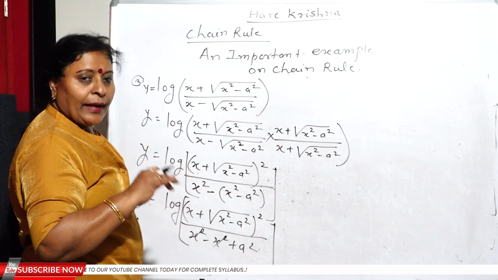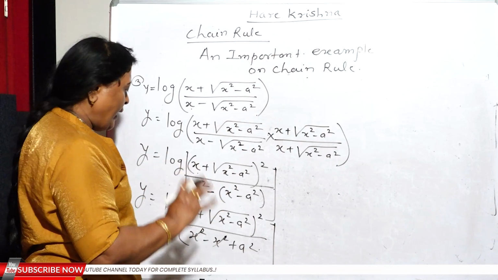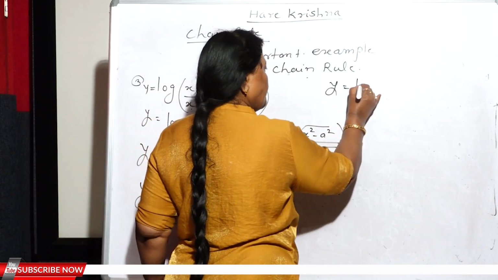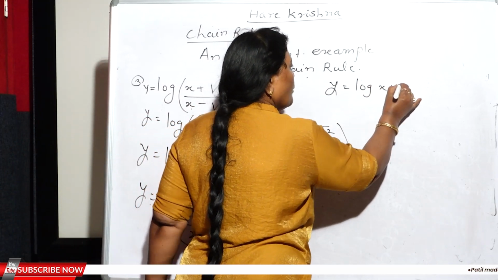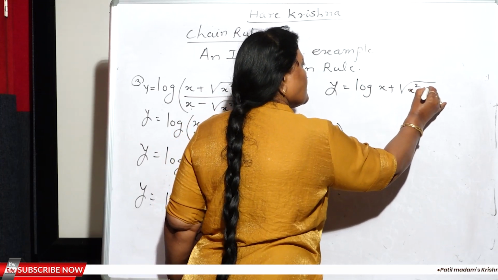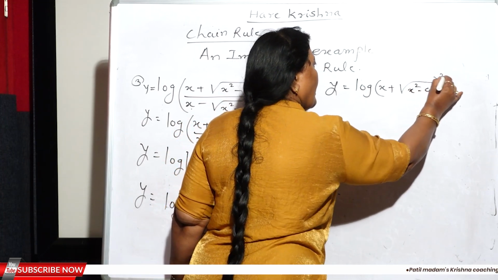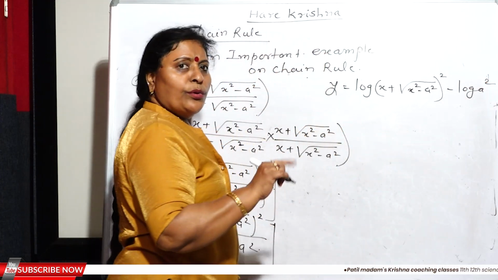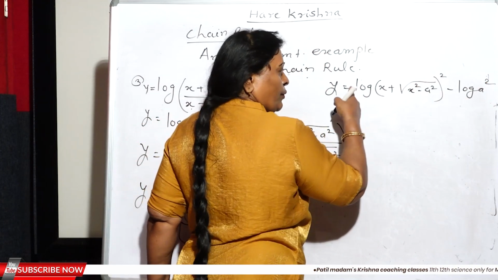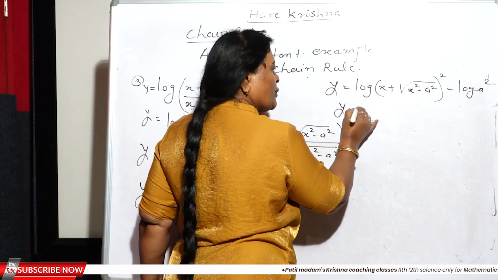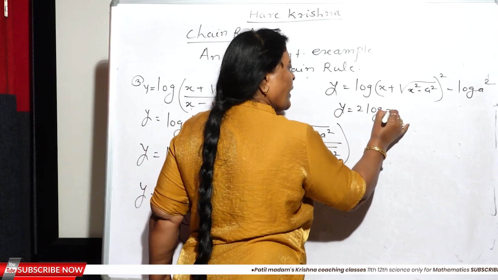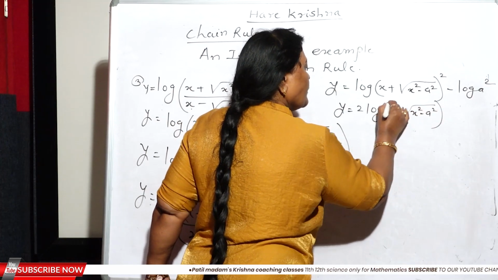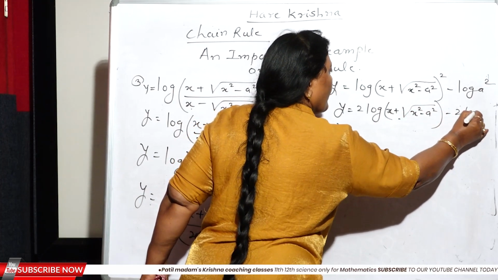Log of a by b is nothing but log of a minus log of b. Means y is equal to log of x plus root of x square minus a square whole square and minus log of a square. Again, by the rule of logarithm, this 2 multiplied here, y is equal to 2 log of x plus root of x square minus a square and here minus 2 log a.